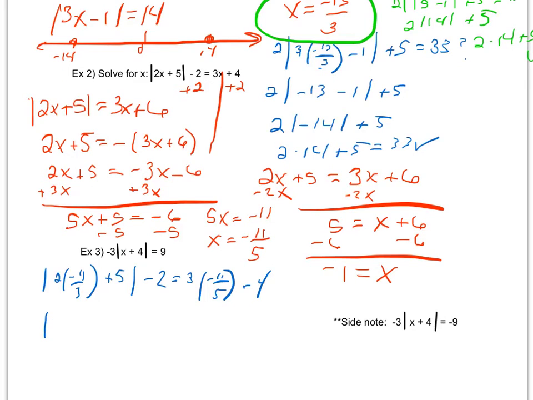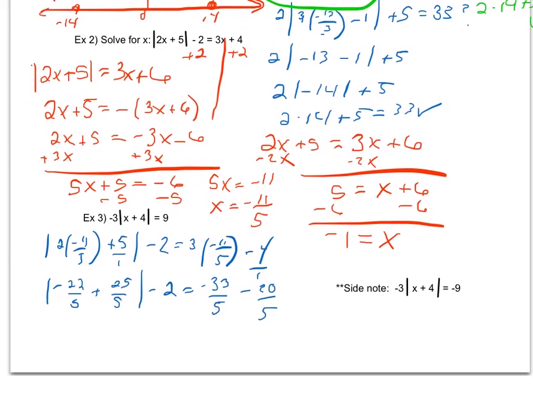That gives me the absolute value of negative 22 over 5. Plus, in order to add those, I'm going to have to get a common denominator. So I'll say 5 is the same thing as 25 over 5. Minus 2 equals negative 33 over 5. Same thing, I'm going to get a common denominator and say minus 20 over 5 instead of saying minus 4.